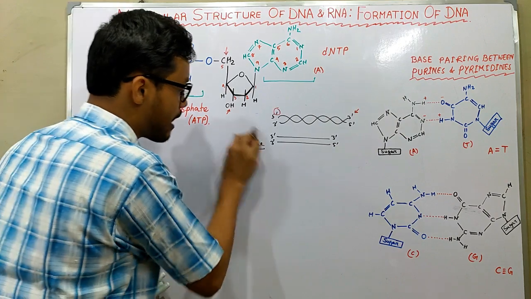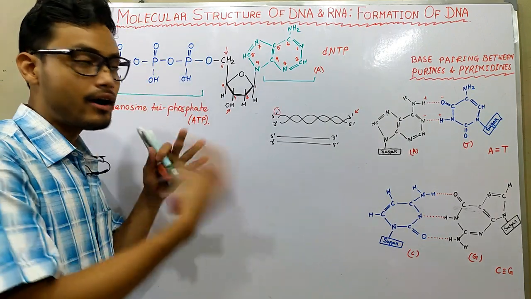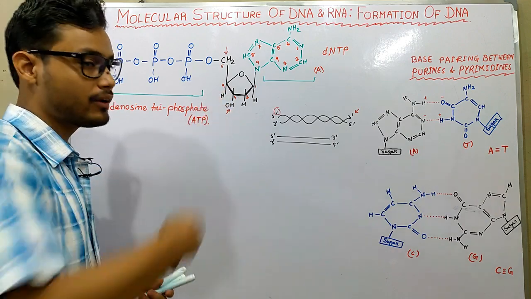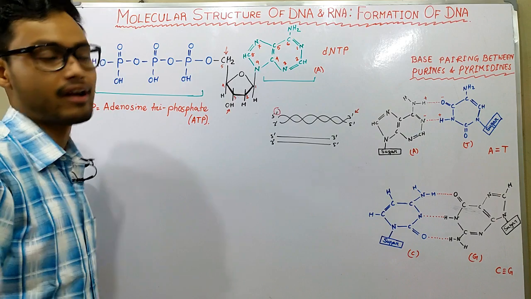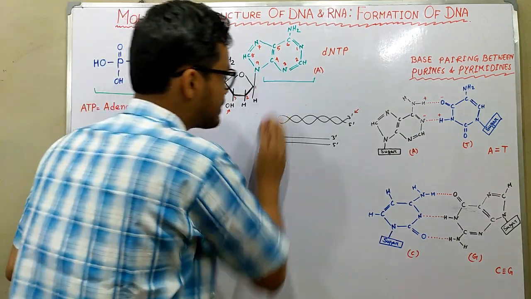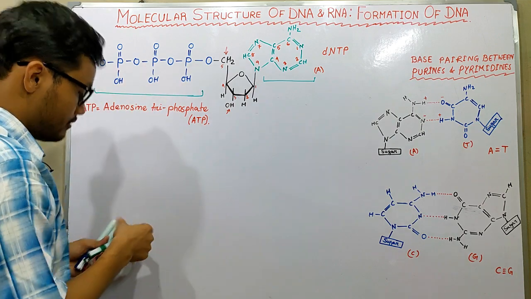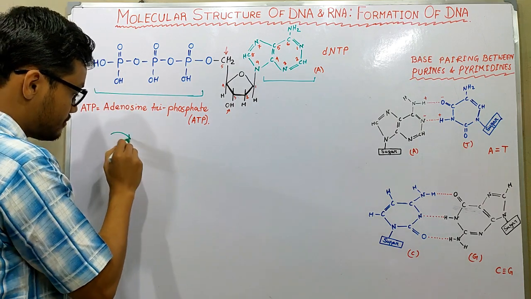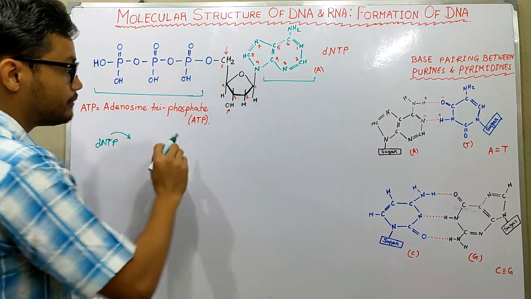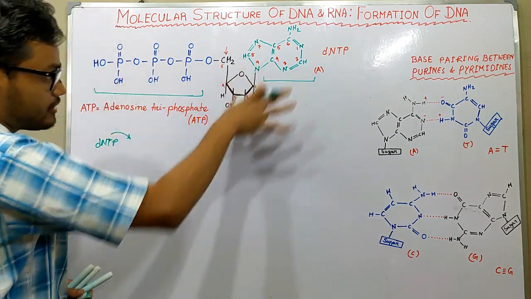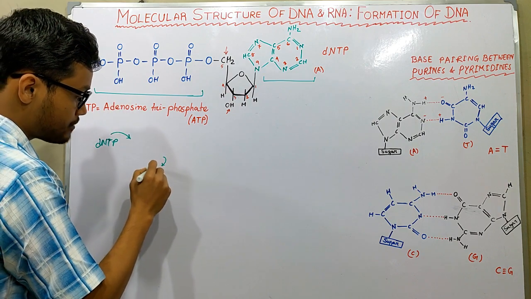Next thing, how do those nucleotide triphosphates come along one after another and join to form a particular DNA strand? Here another dNTP comes, and a pyrophosphate is released.